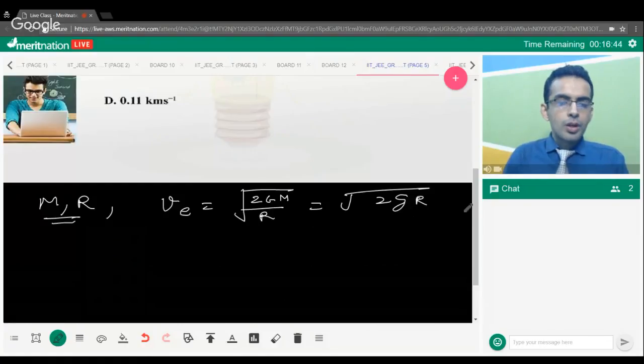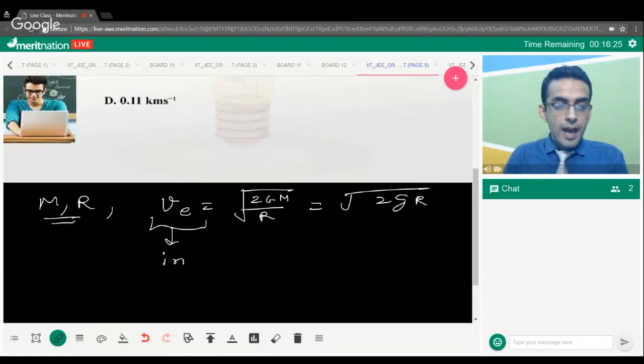Okay, so now you should be clear about that thing, that this escape velocity is independent of the mass of the body. It doesn't depend on the mass of the body that is actually thrown.